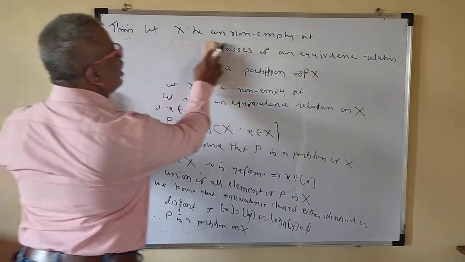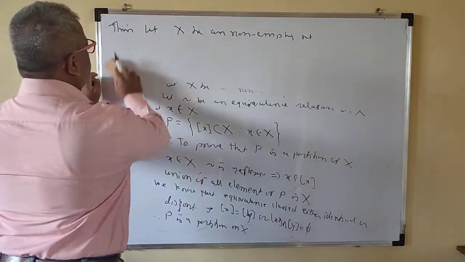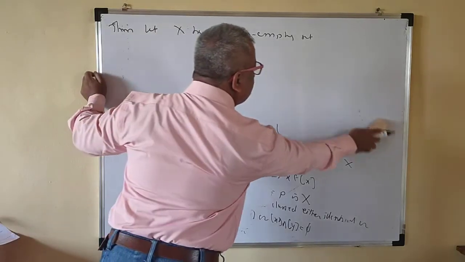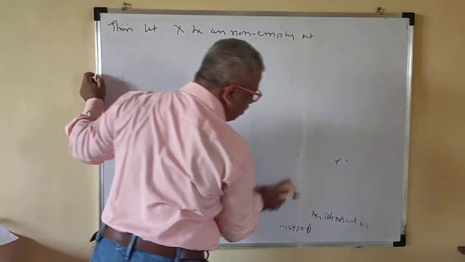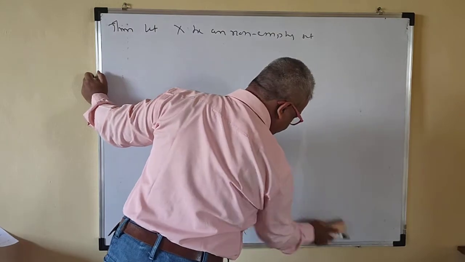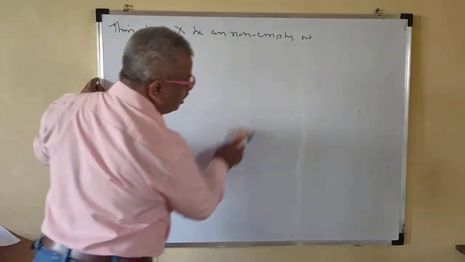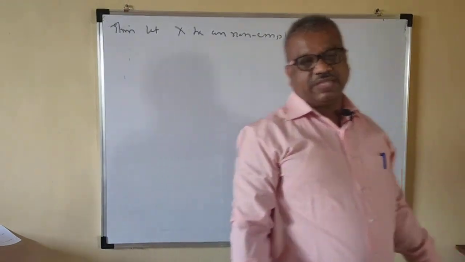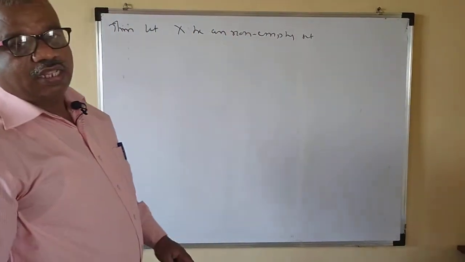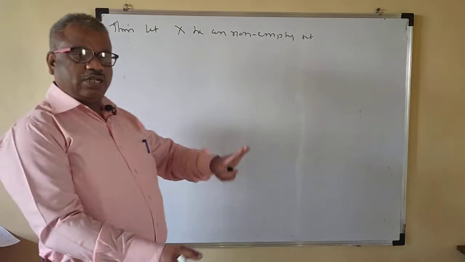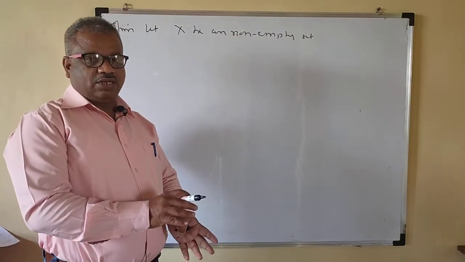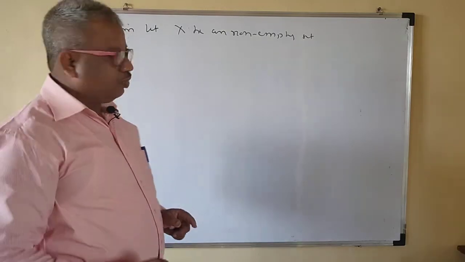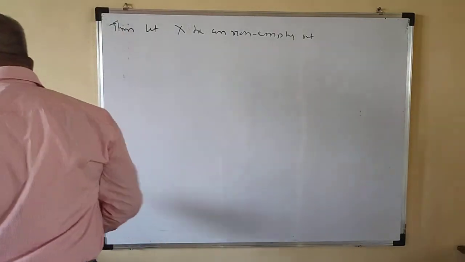So now we take the second theorem. We have seen that an equivalence relation induces a partition. Now with the help of a partition, we can define an equivalence relation, that is what we want to prove here. Every equivalence relation induces a partition and every partition induces an equivalence relation. Okay, so let X be a non-empty set.